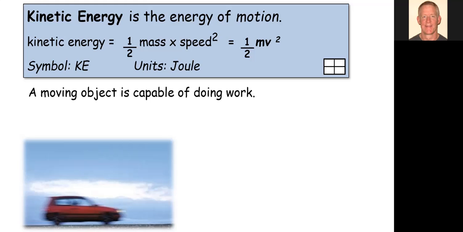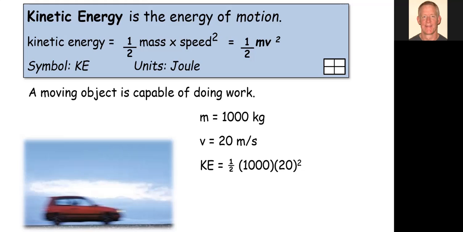So a moving object has the ability to do work. Let's look at an example. Let's say we have this car that's in motion. It has a mass of 1,000 kilograms, and it has a velocity of 20 meters per second. My question to you is, what is the kinetic energy of that car? Well, it's going to be pretty large. These are big numbers to begin with, and then we're going to square the velocity.